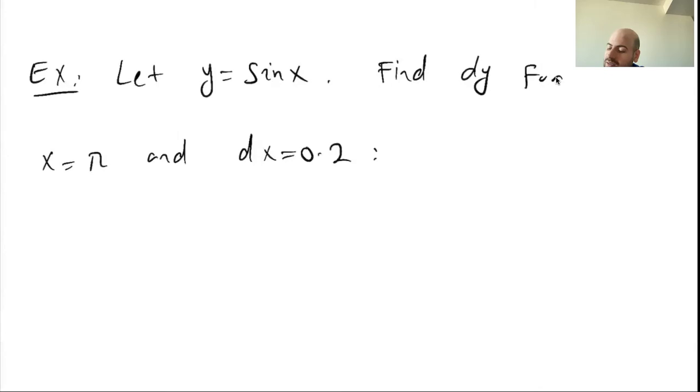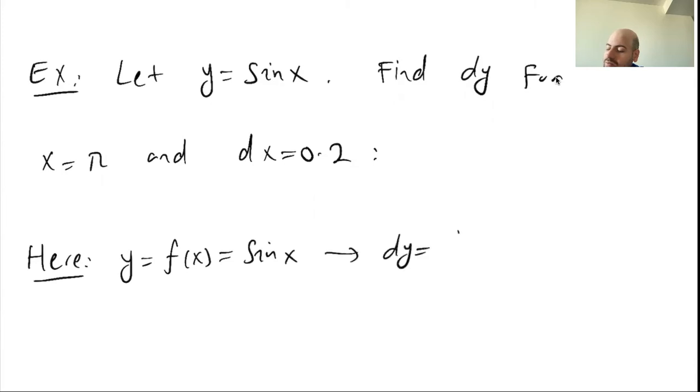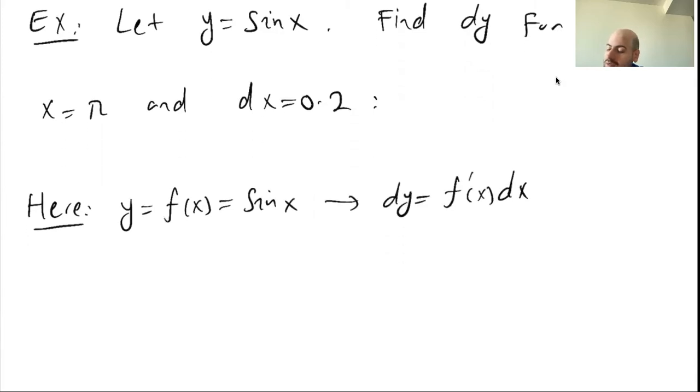So dy, again, see what is f of x here? So here, y equals f of x equals sine x. So dy is equal to f prime of x dx. So dy will be equal to cos x dx.